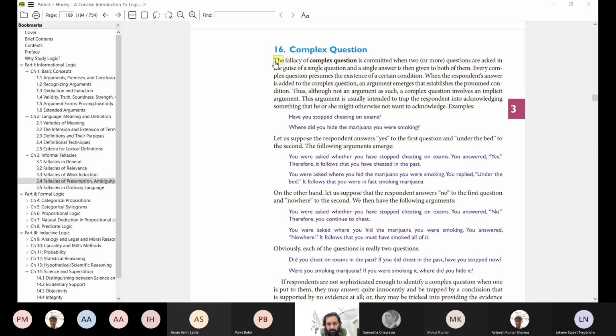But the result that the person asking the question wants already follows. And if that condition was stated explicitly, then you would just reject it. You'd say, no, I didn't beat my wife, or I've never beaten my wife. I don't have drugs in my car.